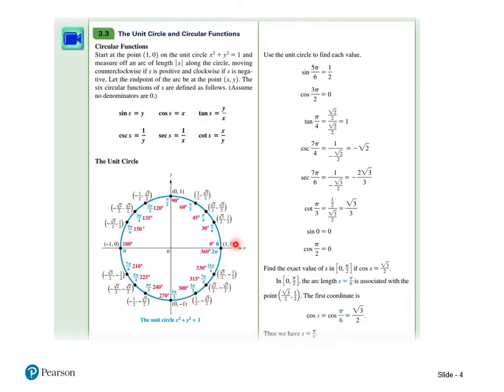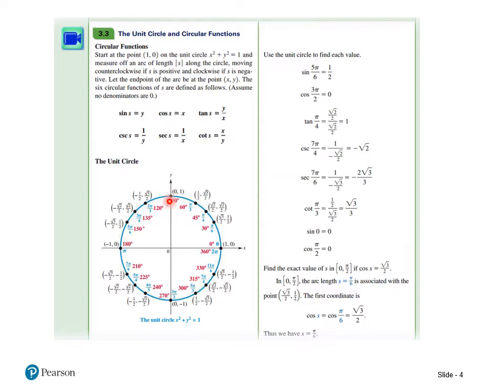Now what this means is, because sine is equal to the y value and cosine is equal to the x value, because r is equal to 1 on the unit circle, we can see that the cosine of 0 is 1, the sine of 0 is 0. The cosine of 90 is 0, the sine of 90 is 1.